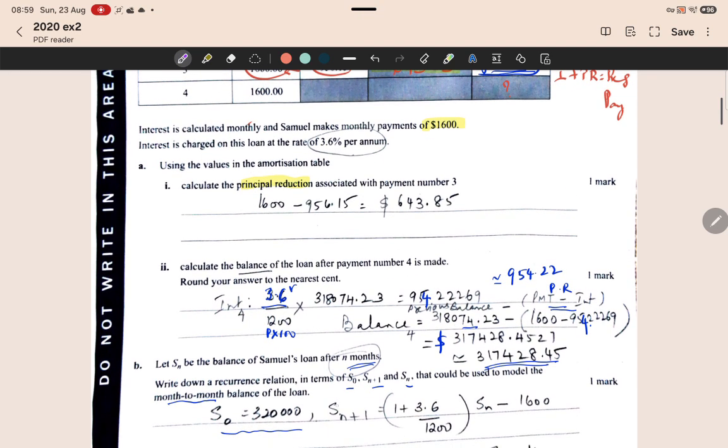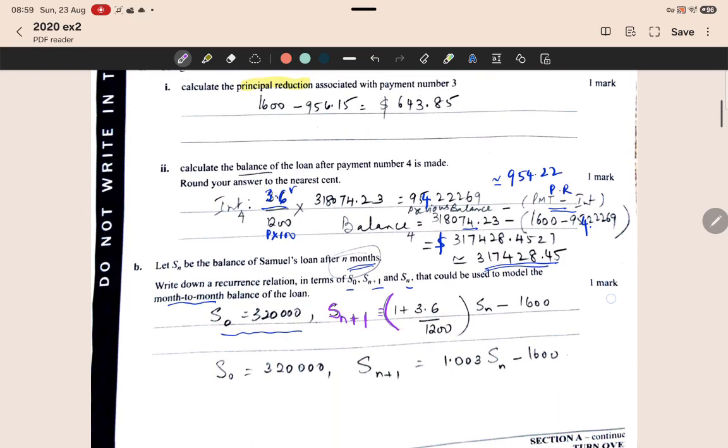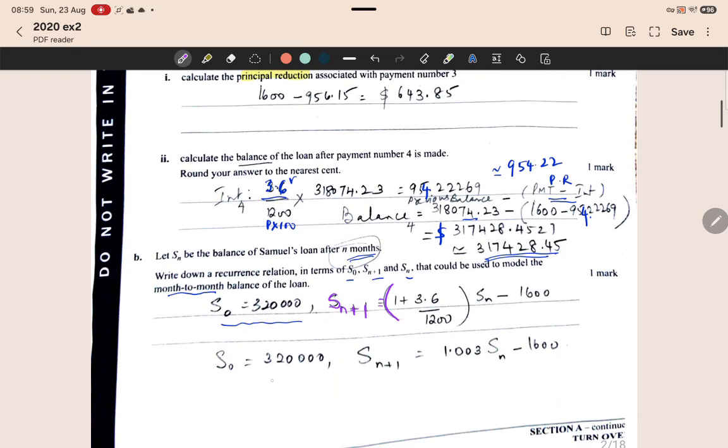And then the next balance, Sn plus 1, is R times Sn minus the repayment. So if you remember the rule, V0 is given and Vn plus 1 is equal to R times Vn minus the repayment.